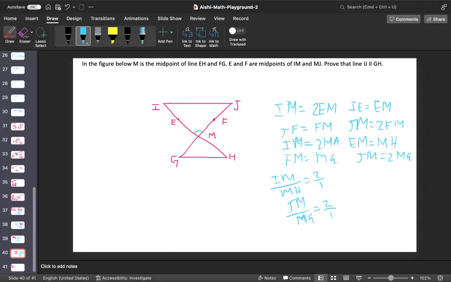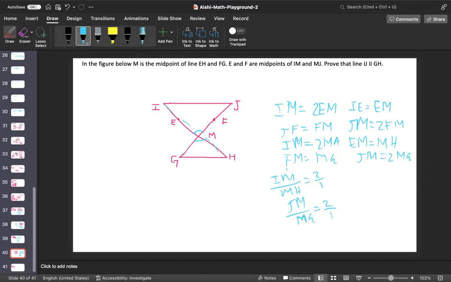And from before, we do also know, because of this X right here, I, H, and J, G, that angle IMJ and angle GMH are the same.